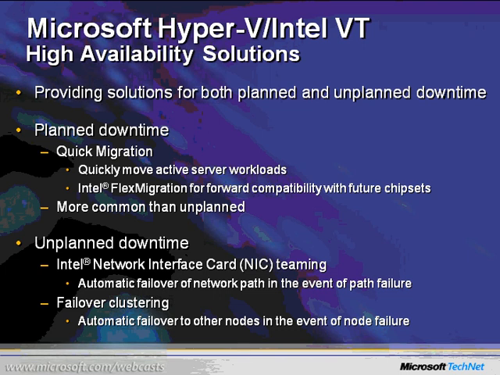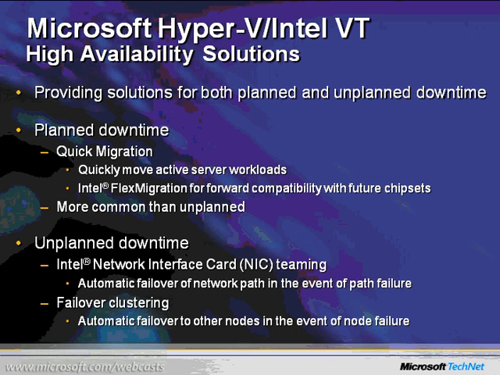In addition, failover clustering can be used to combine multiple Hyper-V hosts together into a redundant cluster of hosts, so that in the event of a host failure, the VMs that were running on that host can be moved to another host and restarted.